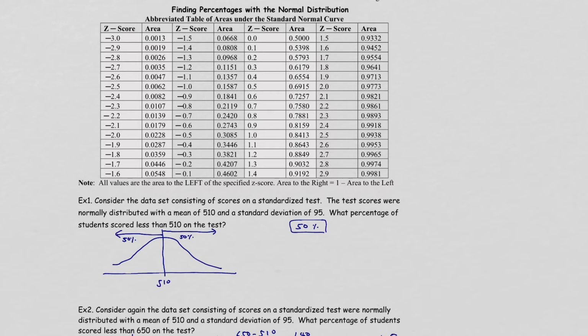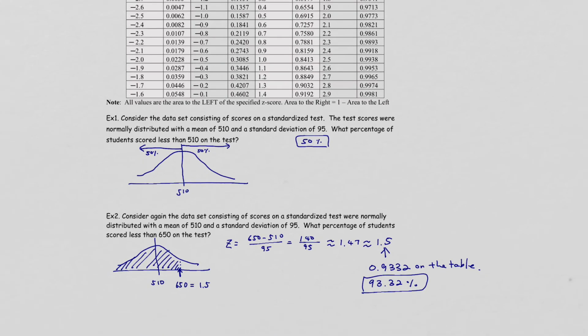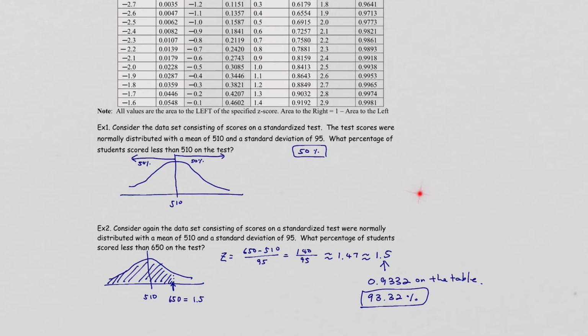There is another table that gives you the right side of the value. This one is giving the left side of the value. That's why, when you find the z-score, all the value on the left side is already given on the table, so you don't have to add the other half.